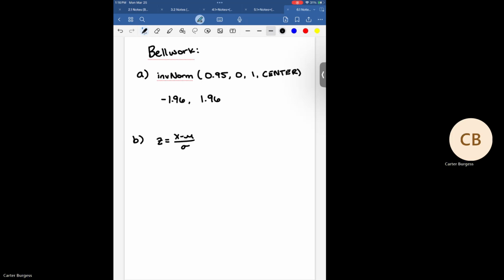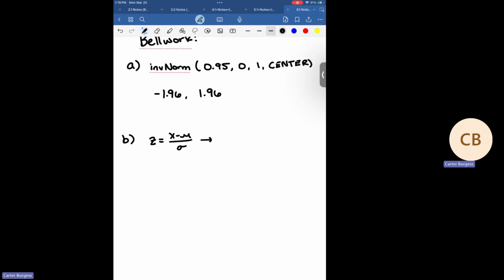Very, very good. In this case, we have two z-scores that we need to convert, and so we'll run this formula for both. We could also take this formula and convert it to make it a little bit more usable for x. You should get that x is equal to mu plus z times sigma, which is just to say we take the mean and then add z times sigma.